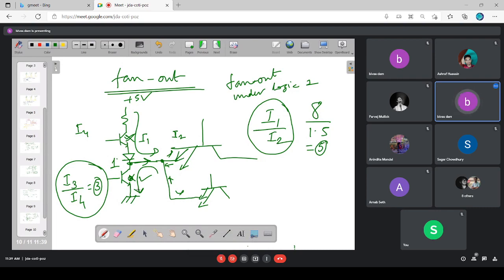So all such details will be available from the data sheet of the specific maker. The particular foundry that has developed this device, we have to consult their data sheet, and from there we will get the fan out information. But the noise margin wise, that is universally true.